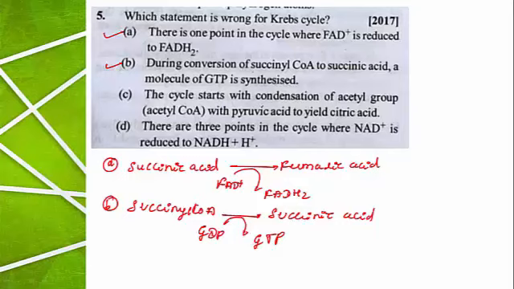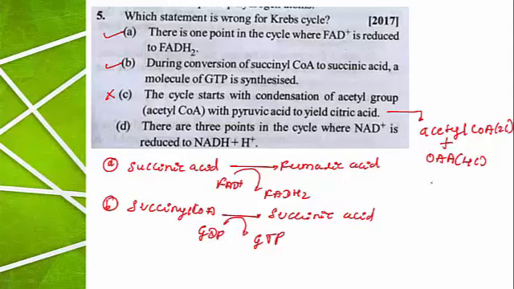The cycle starts with the condensation of acetyl coenzyme A with pyruvic acid to yield the citric acid. This one is a wrong statement about Krebs cycle, because to start the Krebs cycle, the acetyl coenzyme A is combining with oxaloacetic acid, and this oxaloacetic acid is a 4 carbon compound.